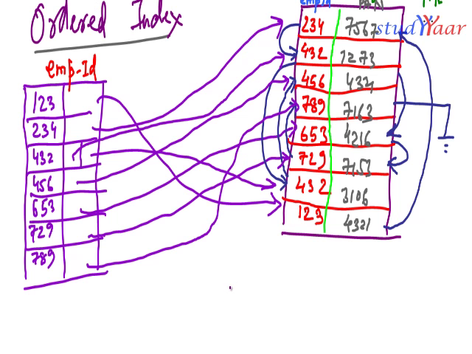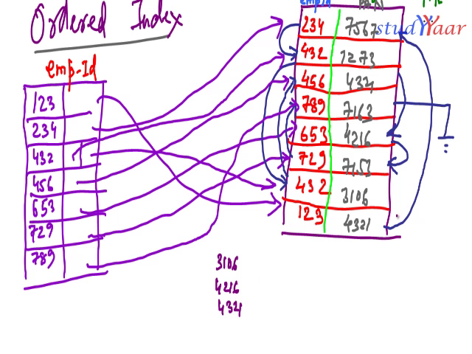So here I would have values like 3106, then 4216, then 4321.